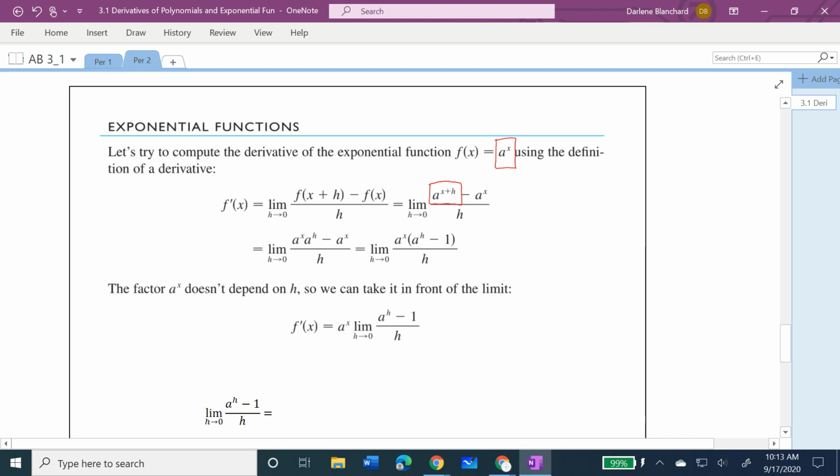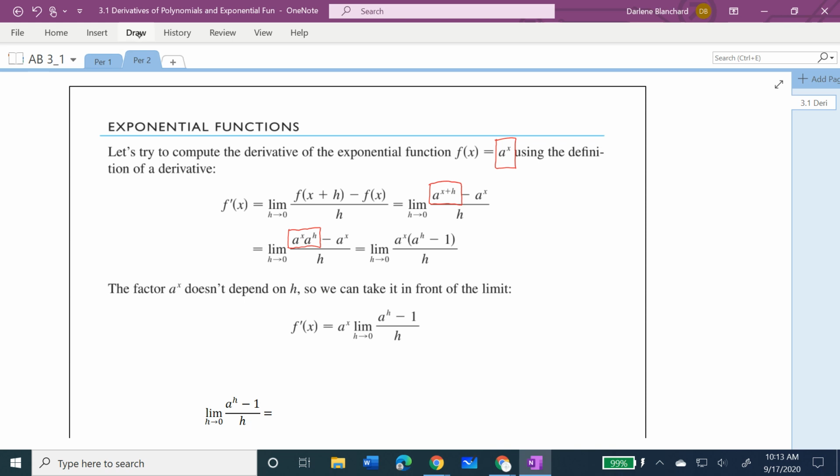Now, using the exponent rule, when I add the exponents, it's because I am multiplying the same base to the individual exponents. So a to the x times a to the h is equal to a to the power of x plus h. Recognize that exponent rule.